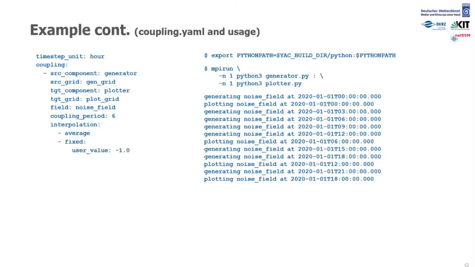And the field is probably called differently in ICON. Then you can use field, and then in the submap call the source name, the name that ICON uses, and the target name that your plotter uses. And that's it.